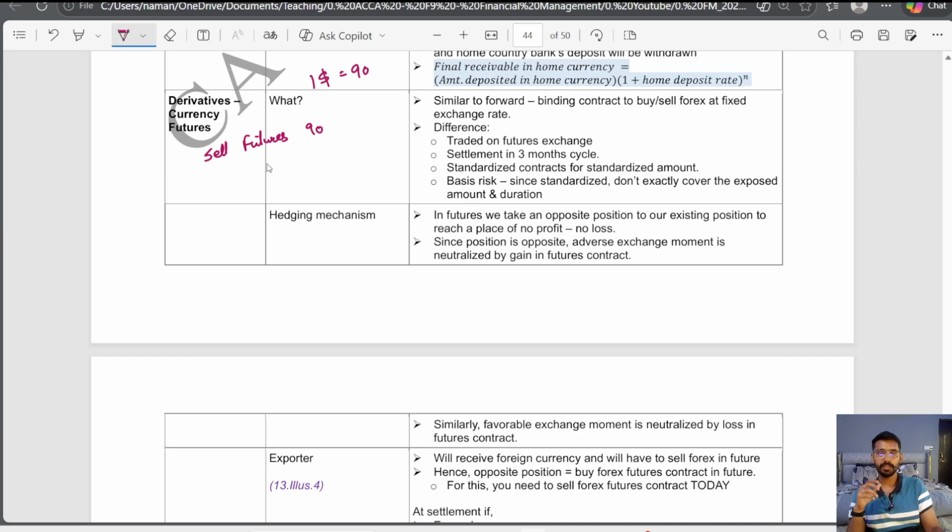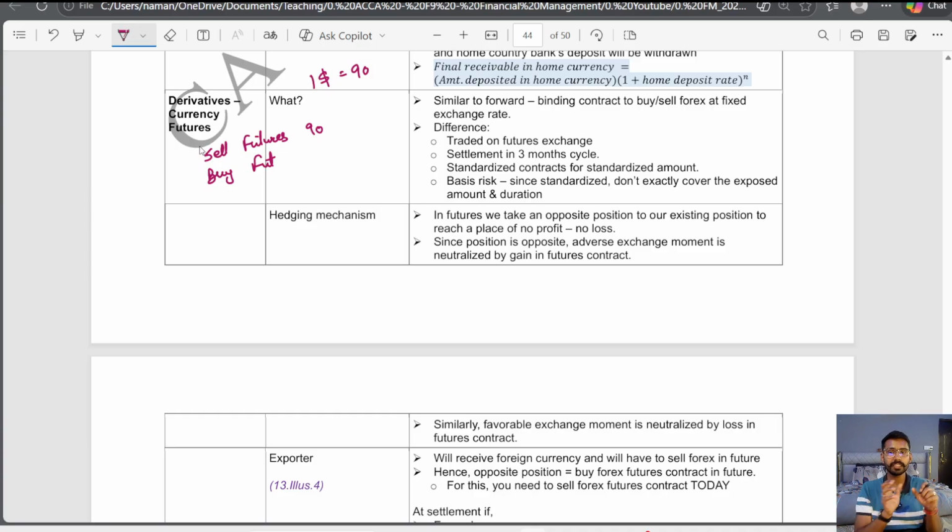Let's say at the time of settlement the exchange rate actually goes down. In that case, you will buy futures because you have sold futures. Understand that your normal transaction, the normal buy, sell, import, export transaction, is different. Your futures transaction is completely different. These are two independent contracts.